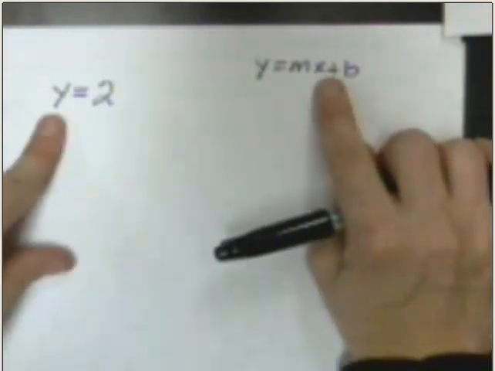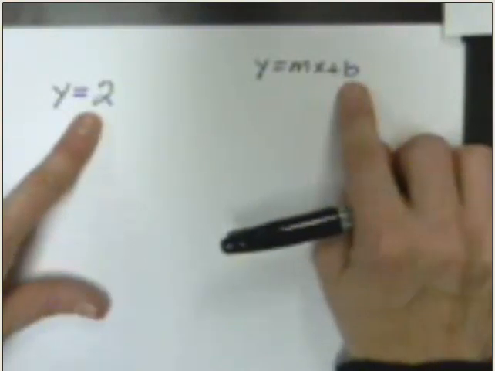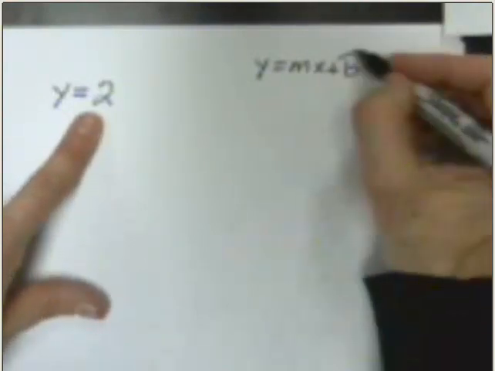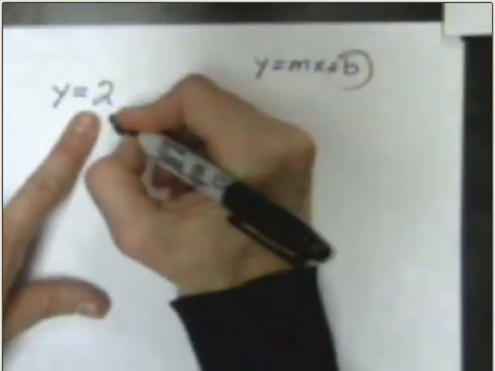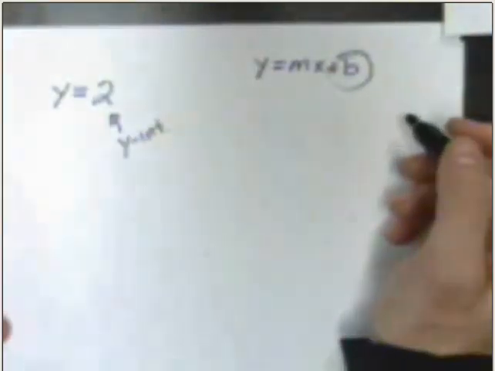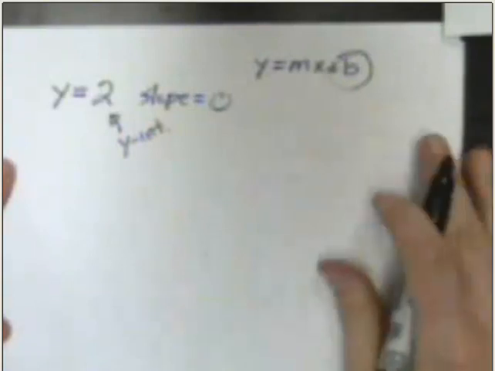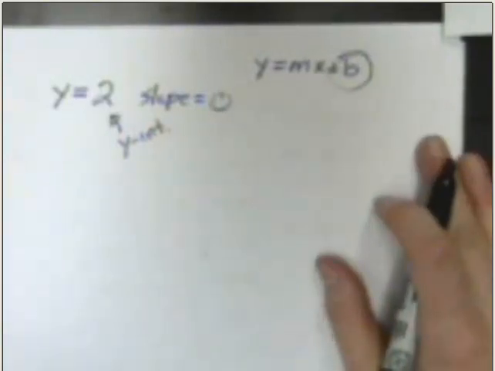What's always touching my slope? What letter? The x. Is there an x over here? Yeah, so that 2 is not my slope. What does the 2 have to be? It's my y-intercept. What does that mean about the slope then if I don't see it? Slope is equal to 0 because we don't see it in there.